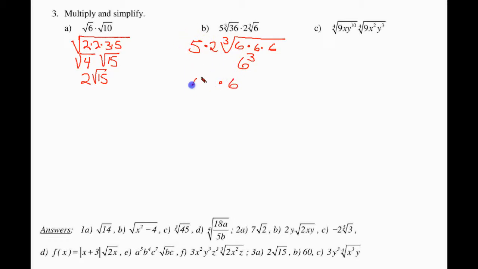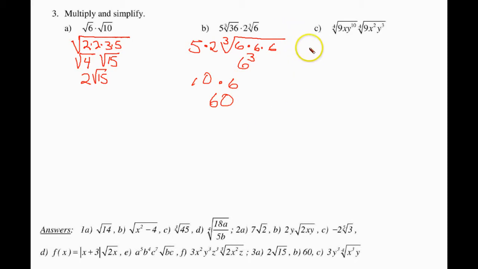So this is going to be 10 times 6 is 60. So we're using this little strategy here. If we didn't know what that was, this is 6 times 6. That's 36. And there's another 6. So this is, whatever big number it is, 6 to the third. And the cube root of 6 to the third is 6. 10 times 6 is 60.